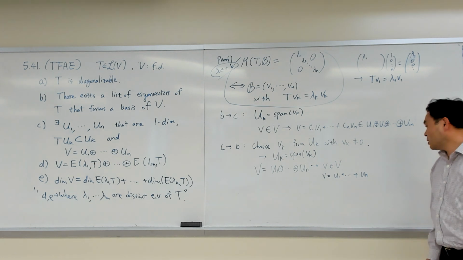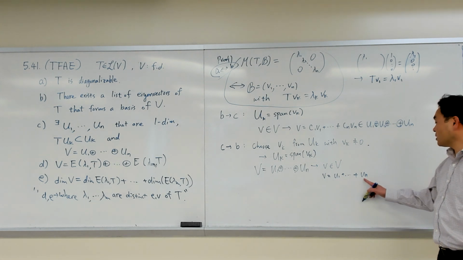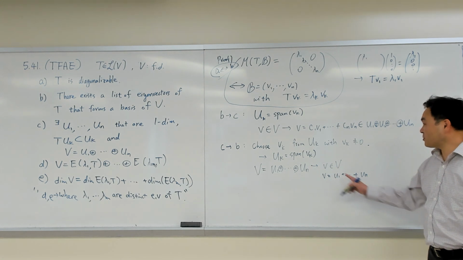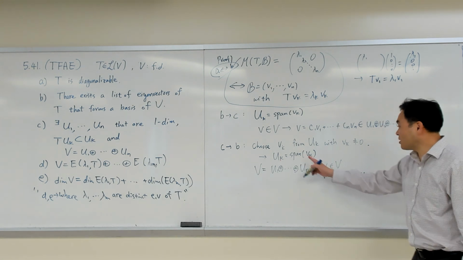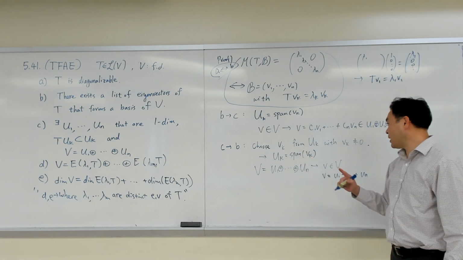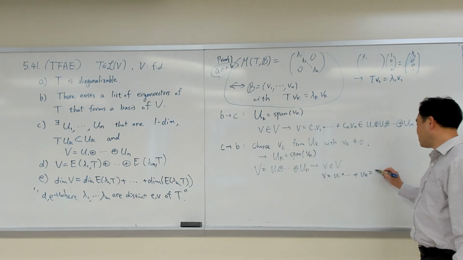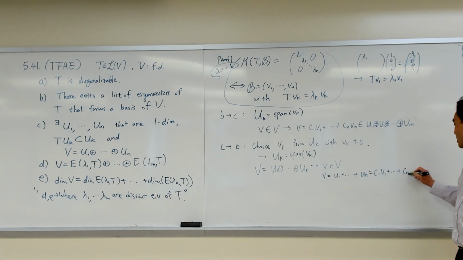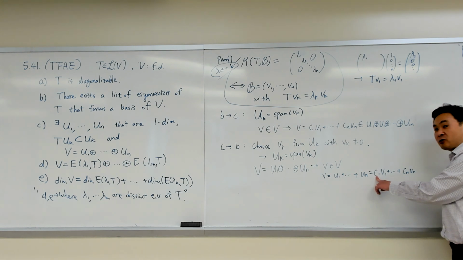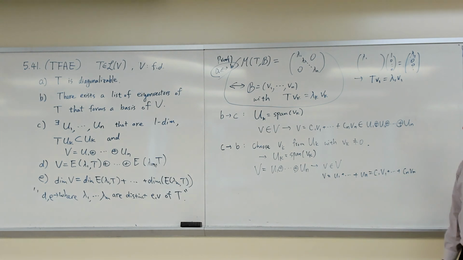But each of these is from the span of VK, so these are just some C1 V1, through Cn Vn, for some coefficients C1 through Cn, because it's in the span.